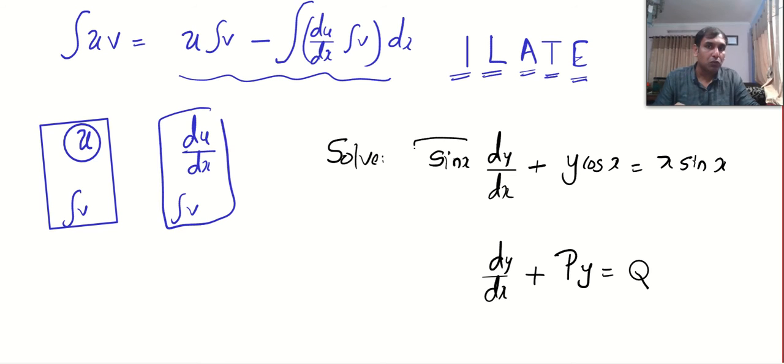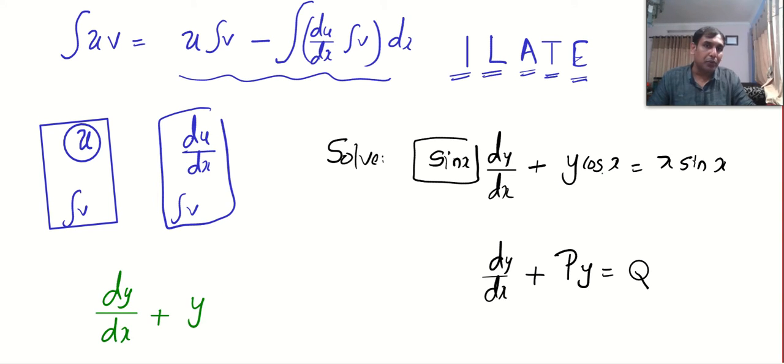Is the coefficient 1 here? No. But it's not a big deal. You divide throughout by sin x so that we get the coefficient of dy by dx as 1. So let's divide. So what's sin x divided by sin x? That will be 1. So you get dy by dx plus y into, what is cos x by sin x?